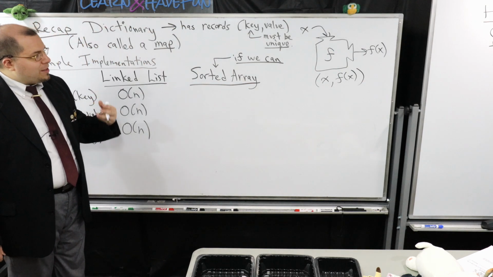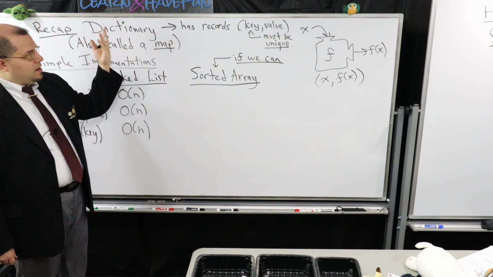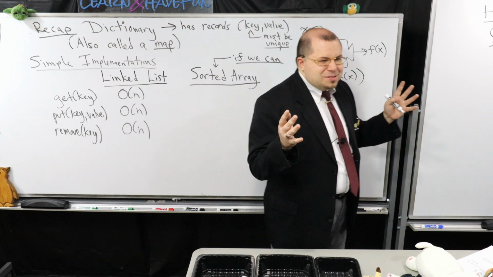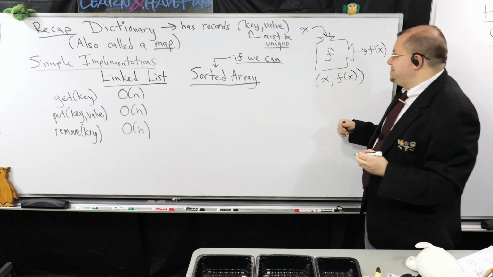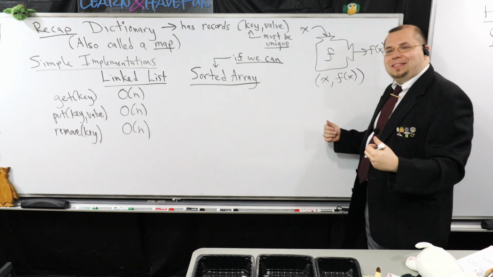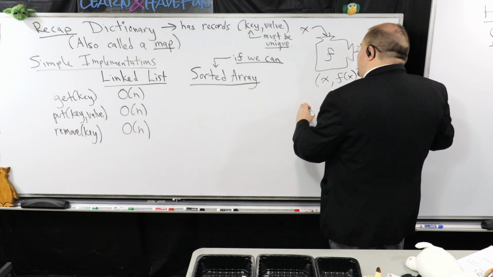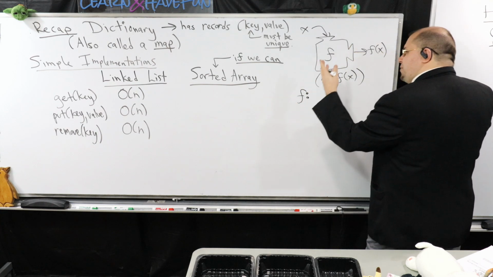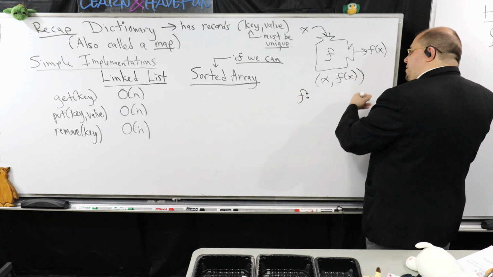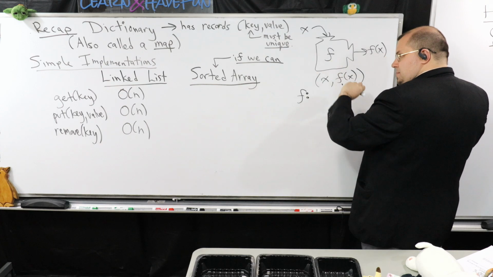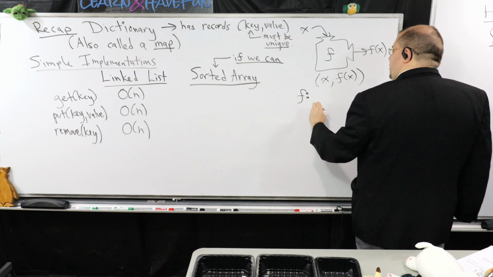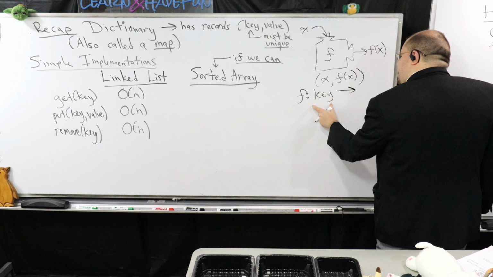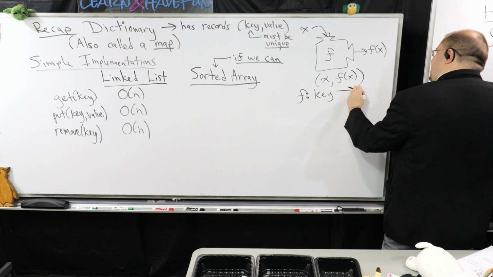This is rather intuitive to the idea of a dictionary, right? You can think of this almost like a lookup table, which is often what you might think of a function as. You may have heard me use this word mapping: I map from the input to the output. This is the same thing we're talking about here. In our case, it's a function that takes in as input a key, and it gives me the value.